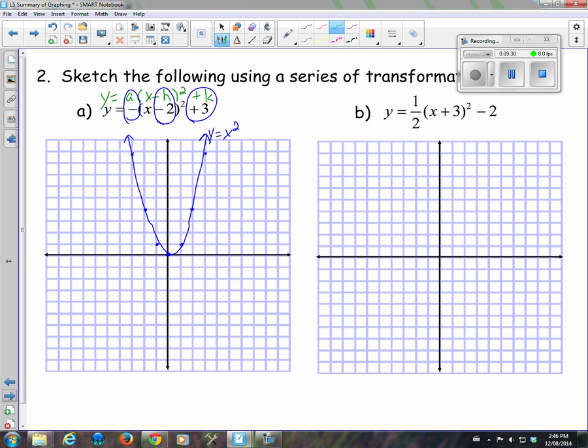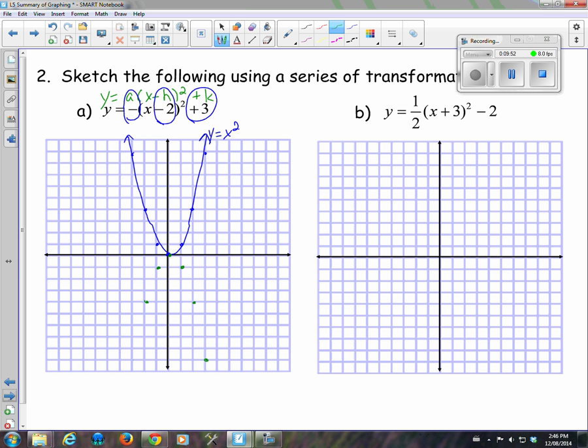And because of the negative in front, the negative flips it upside down. So I take my very basic x squared and flip it upside down. Instead of going up 1, I go down 1. Instead of going up 3, I go down 3. And over 1 and down 5.